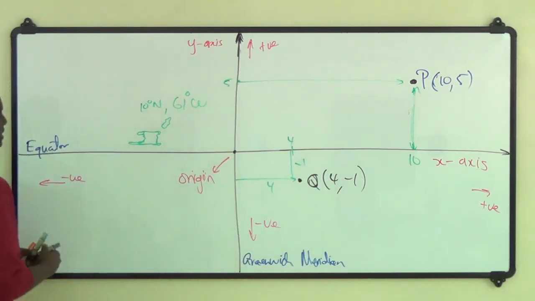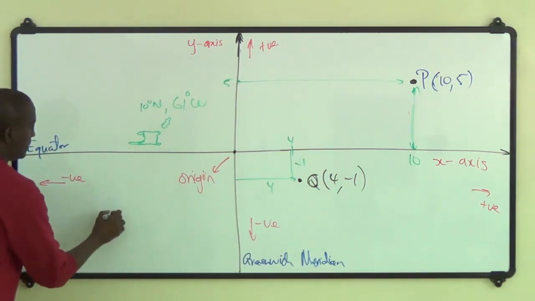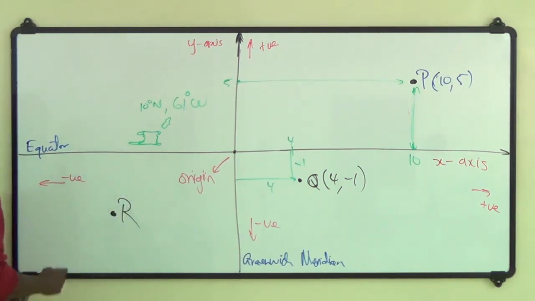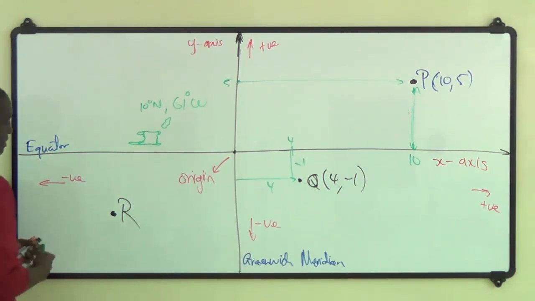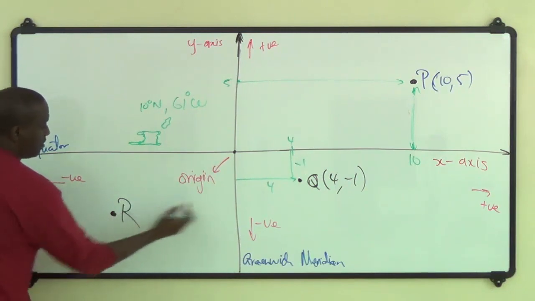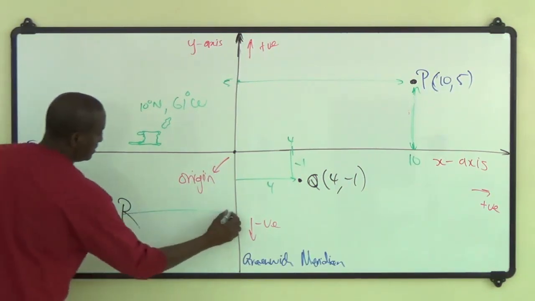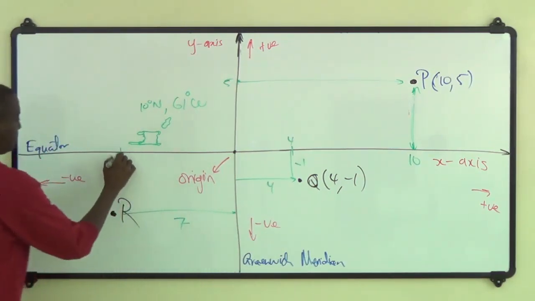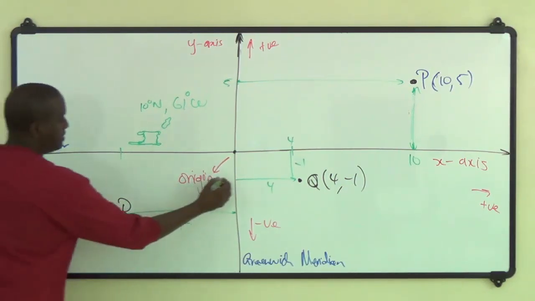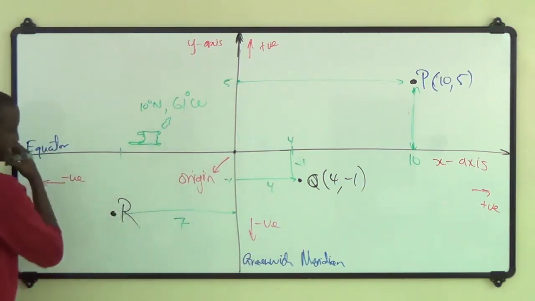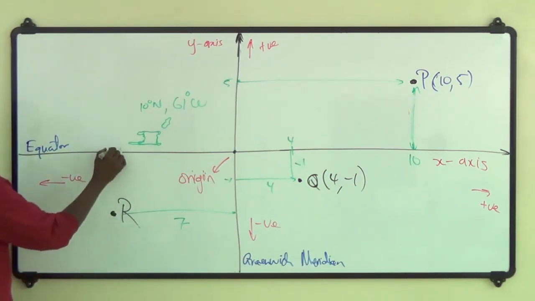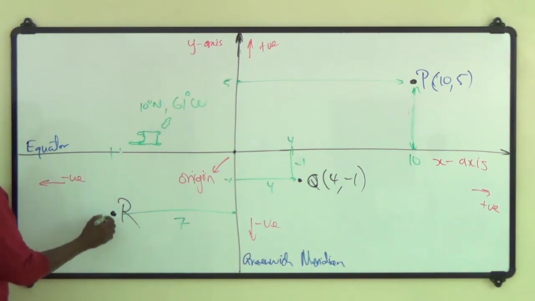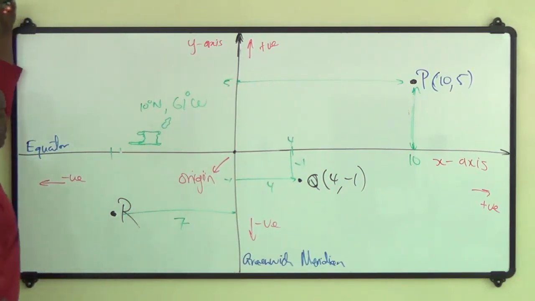Let us say we have another point, a point R. For the sake of argument, the distance of R from the y-axis is 7, and this distance here is minus 2, because it's down.